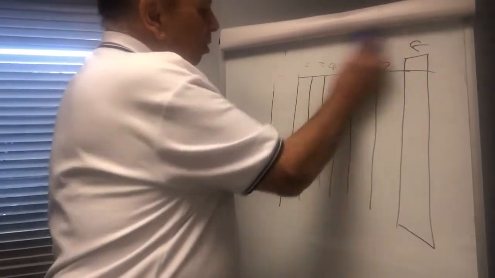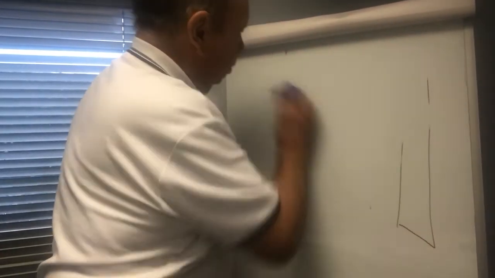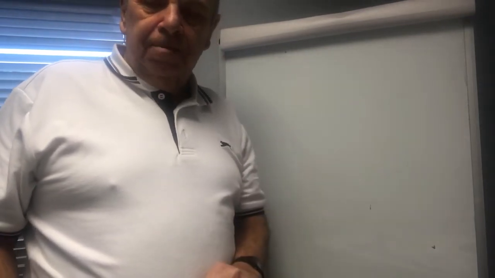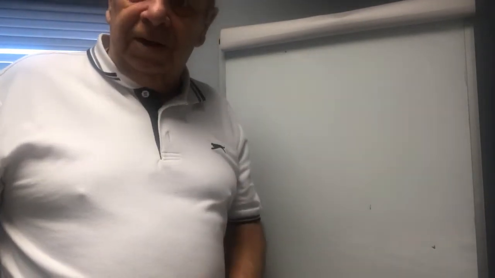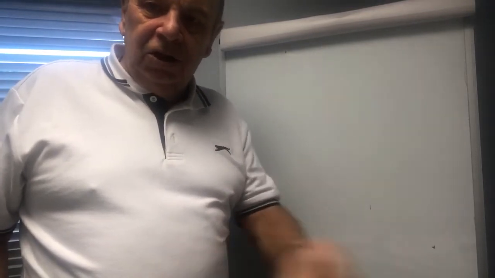I want now to look a little bit into electronic configurations. Let's look at sodium. Sodium is found in group 1 because it's got 1 electron in the outer shell. Chlorine is found in group 7 because it's got 7 electrons in its outer shell.